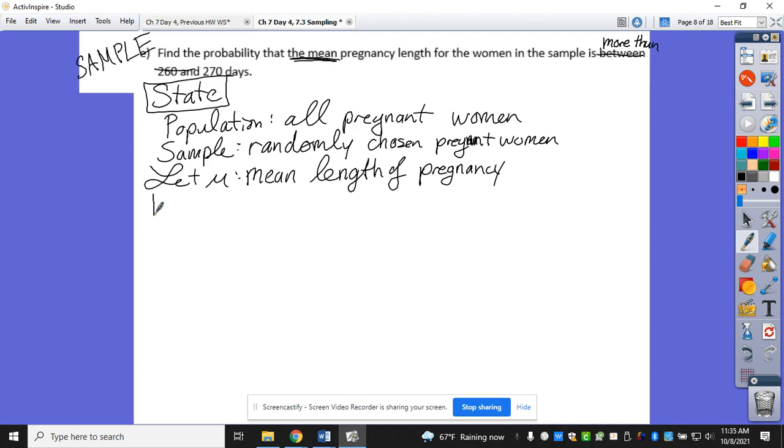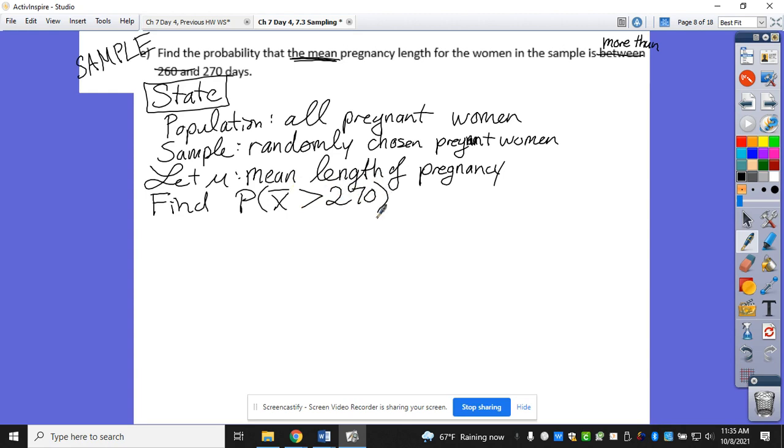And then the last part is what I want to find, and I want to find here, P parentheses what? Now, what went here yesterday? P hat. So what's similar to P hat? X bar. So we want to see where our sample falls. So our sample greater than 270.